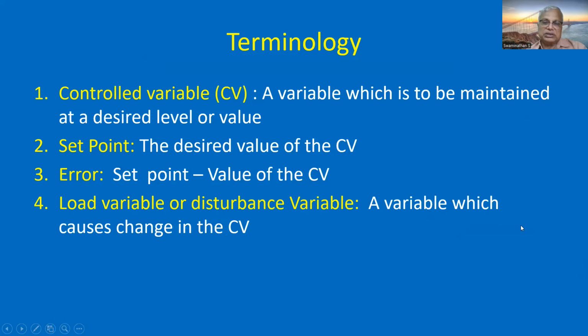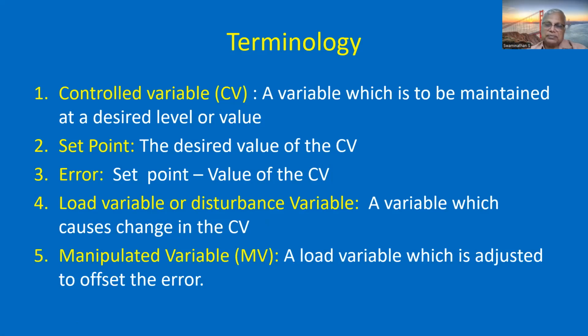Any variable which can cause a change in the control variable is a load variable, because our aim is that the control variable has to be maintained at the set point. So if some other variable can cause a change in the value of the control variable, it is known as a load variable, disturbance variable, or simply load.